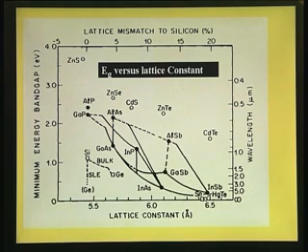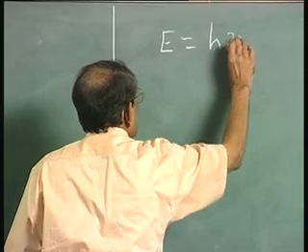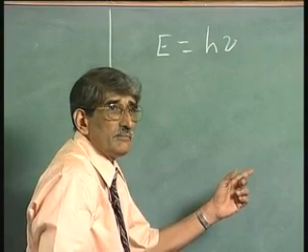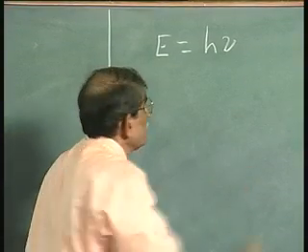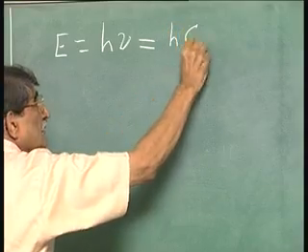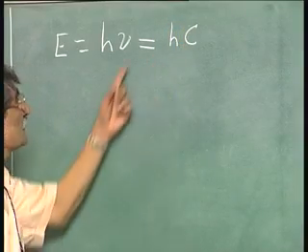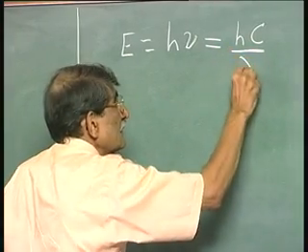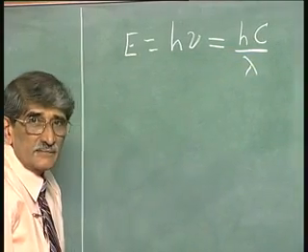If you want, you can write down that. For example, E is h nu, where nu is the frequency, h is the famous constant you can't forget, Planck's constant. That is equal to h into the velocity of light. To avoid confusion, I am putting c divided by lambda, wavelength.